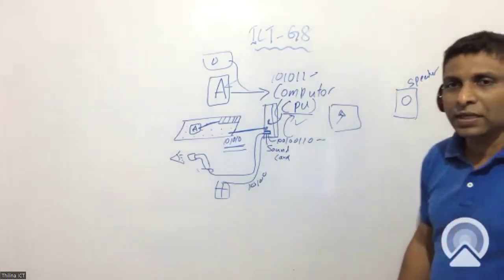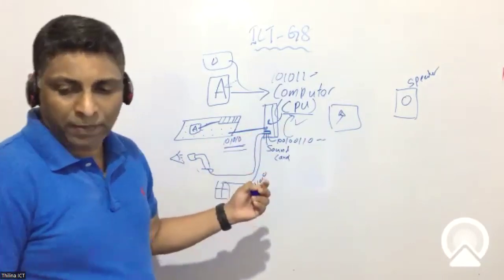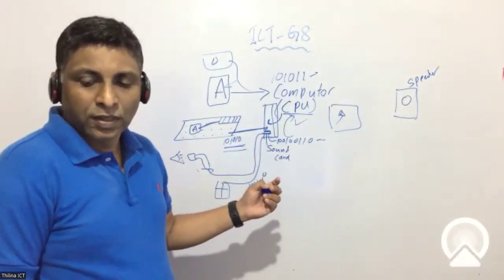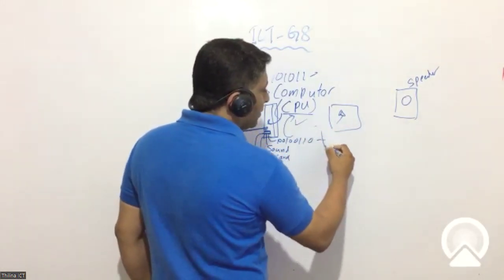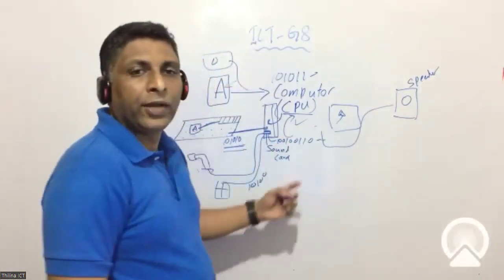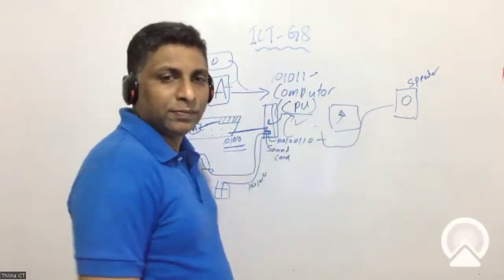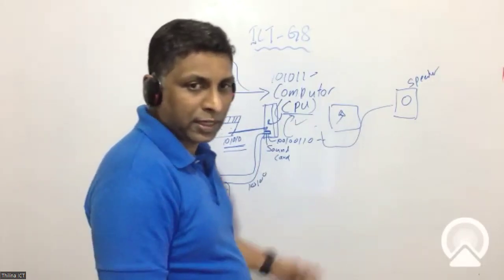Now, a speaker won't understand ones and zeros, right? What will happen? The CPU will process the data, and it will be converted to the analog signal here.